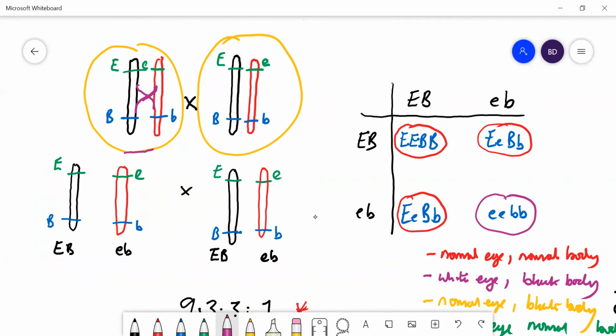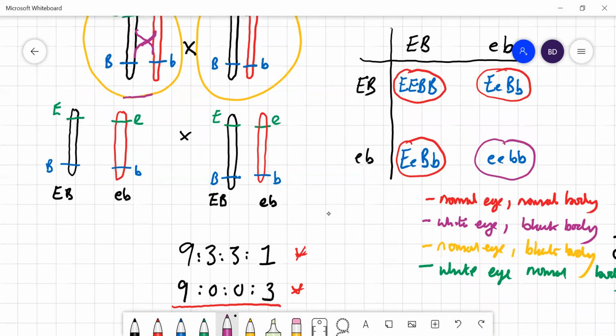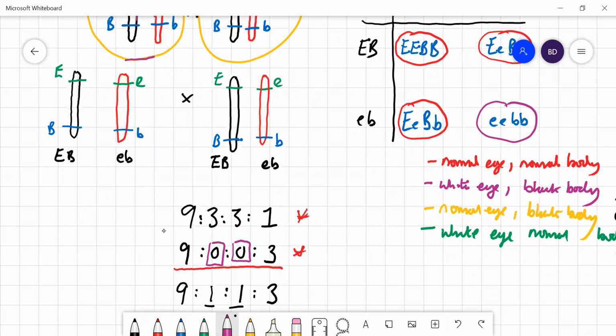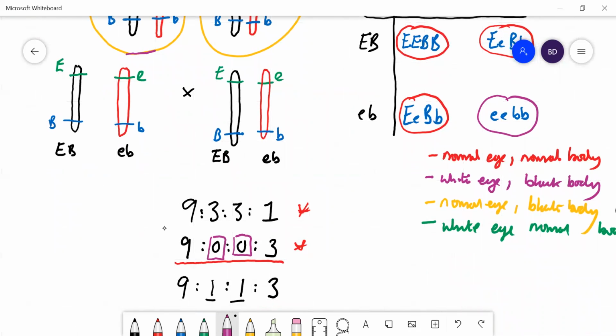If that occurs, then you can get these other combinations of gametes, which we said were impossible. So if the genes are a long way away, you can get these other ones which we wouldn't expect, but usually not in such big numbers. You don't get 9 to 3 to 3 to 1. You're going to get 9 to 1 to 1 to 3.